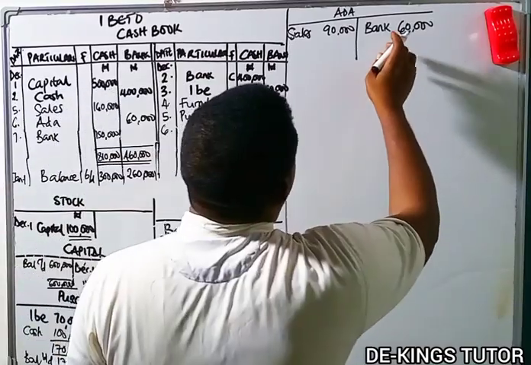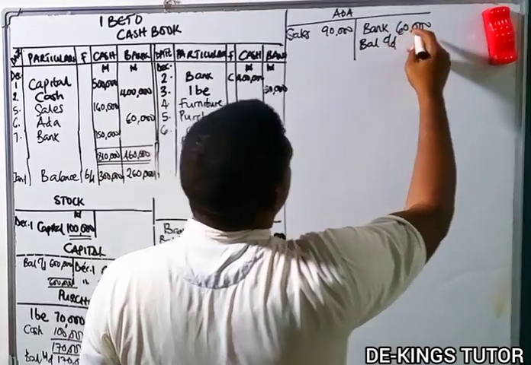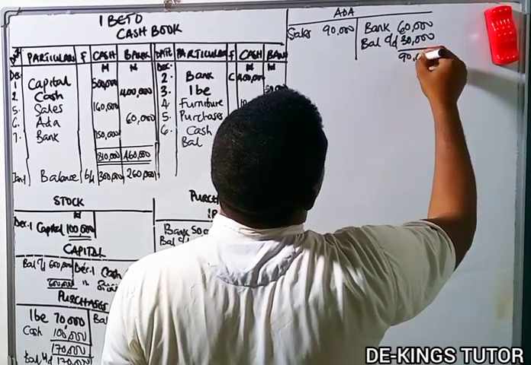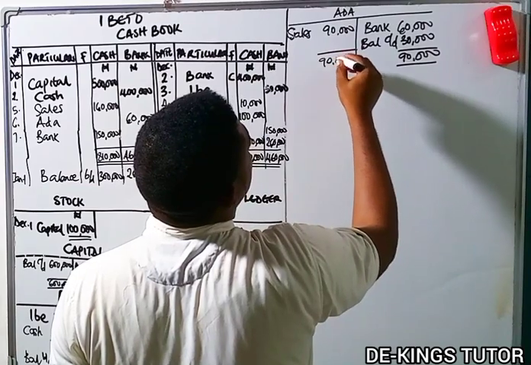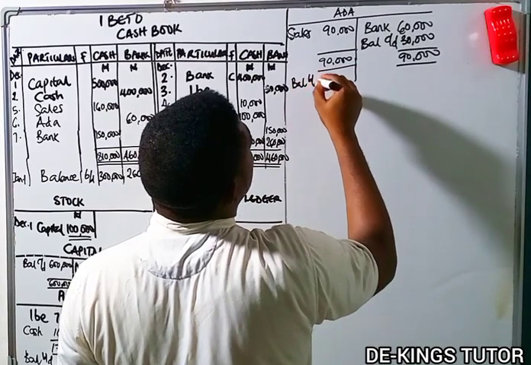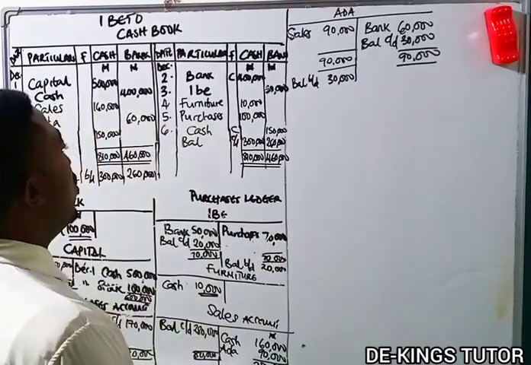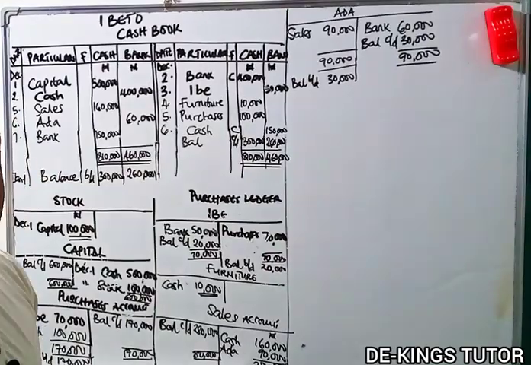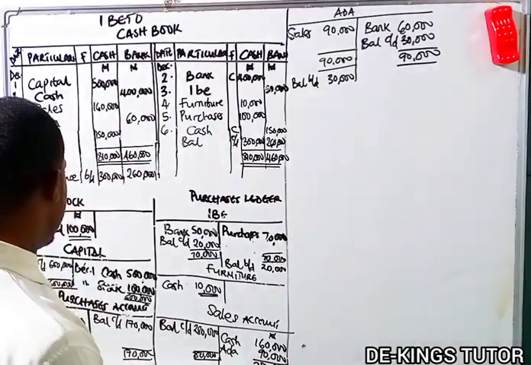Now why this 90, 60, we will now have a balance carried down of 30,000, which will give us 90,000 here. Why this becomes 90,000. So here we will now have a balance brought down of 30,000. And this is our debtor. Okay, we sold to her 90,000 but received 60,000. So she's still owing us 30,000. So that's our debtor.